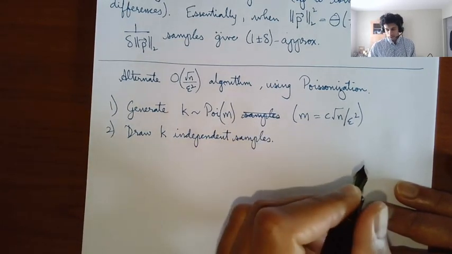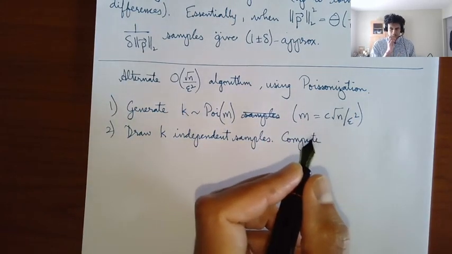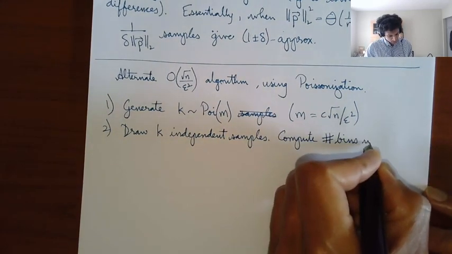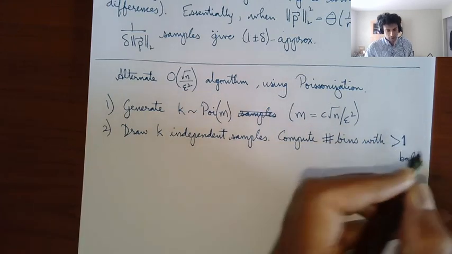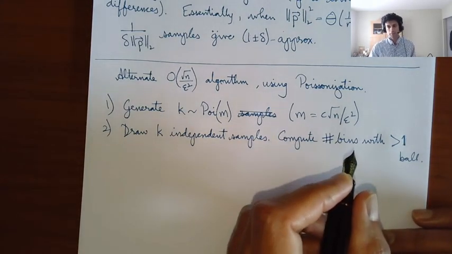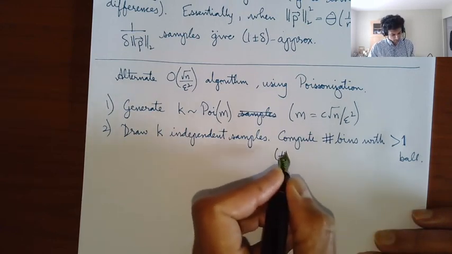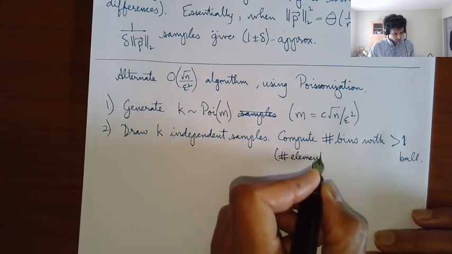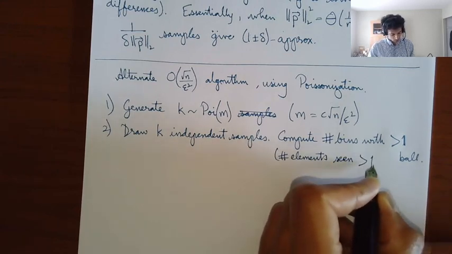One difference is that instead of measuring pairwise collisions, he measures the number of bins with more than one ball. So in some sense, it's the number of elements seen strictly more than once.